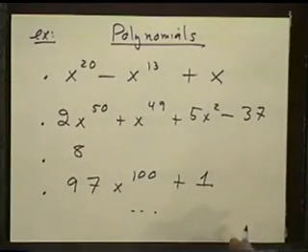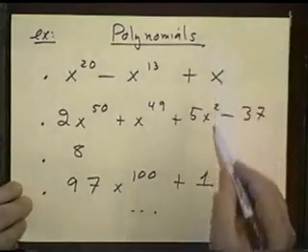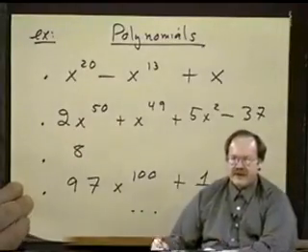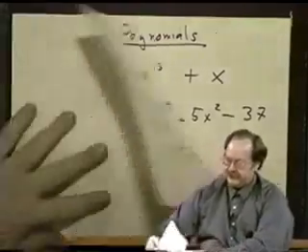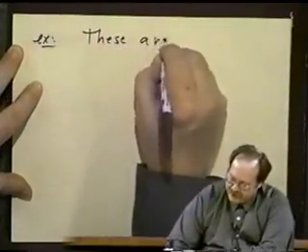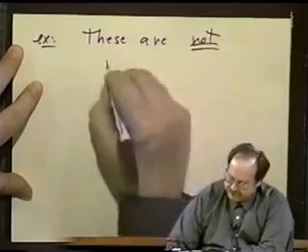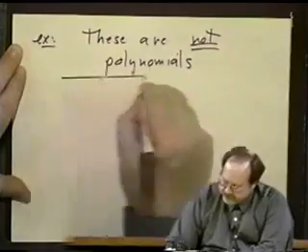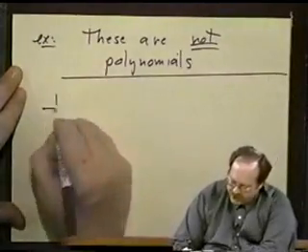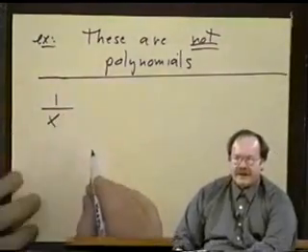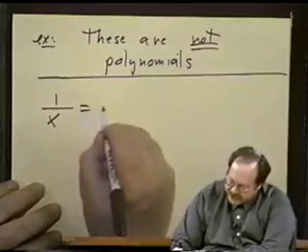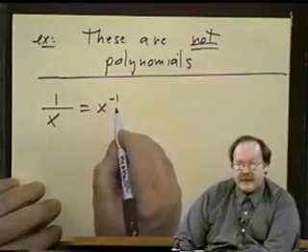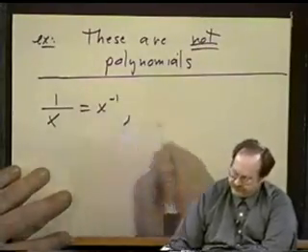The important thing for us is to realize what's a polynomial, these things are polynomials, and what's not a polynomial. Let me show you some non-polynomials. These are not polynomials. Just so we're clear. 1 over x is not a polynomial because this is x to the minus 1, and remember, negative powers are not allowed for our x.